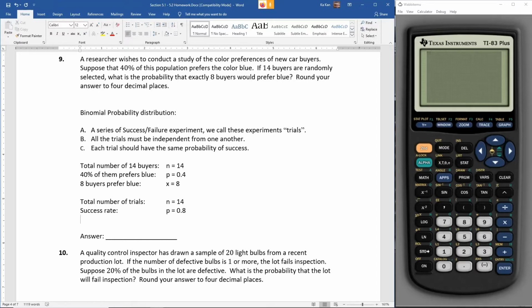And we want the probability of 8 successes, like that. So X equals 8, right? So this might be a little bit easier to understand, to translate that into a general statement.